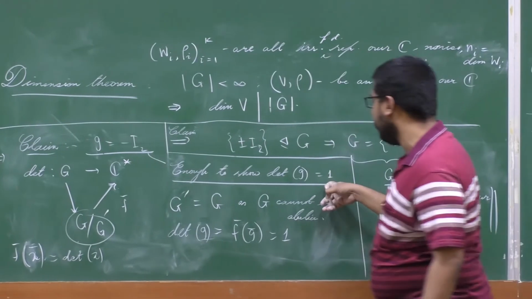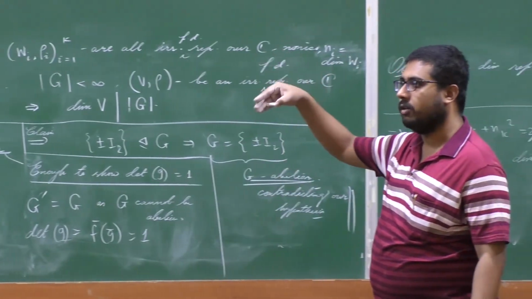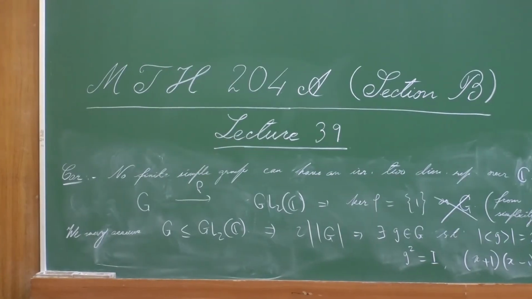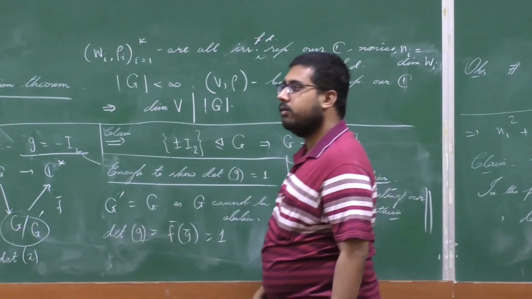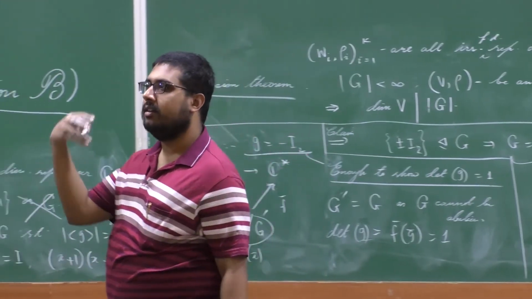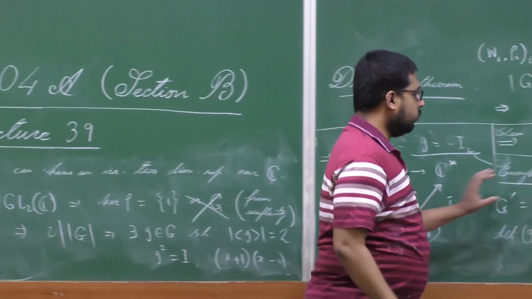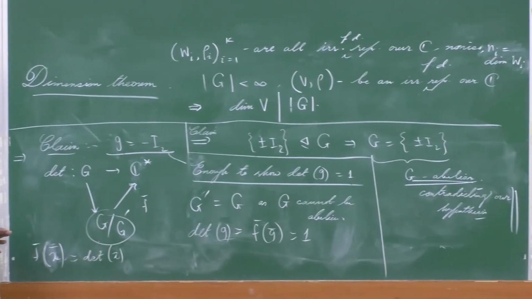So determinant 1 means either both eigenvalues are 1 or both are minus 1. The element is not equal to identity by assumption, so both eigenvalues will be minus 1, which results in the element being minus identity. So it is enough to show determinant of G is 1.